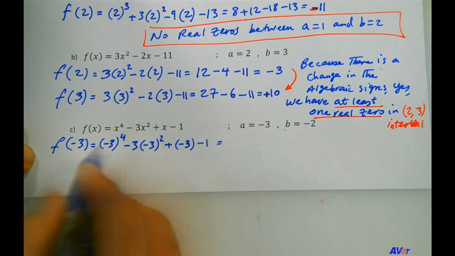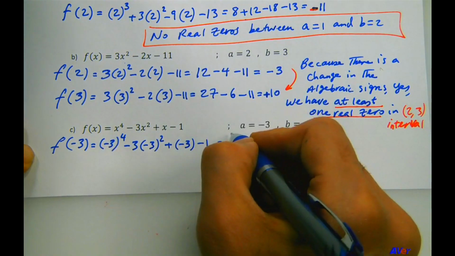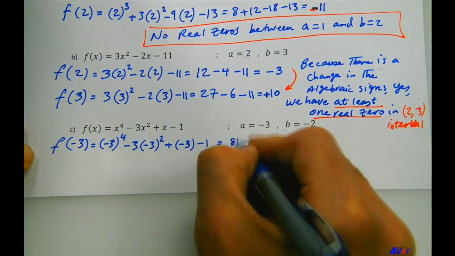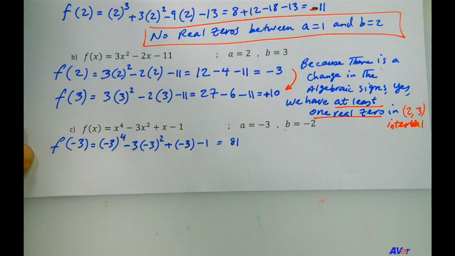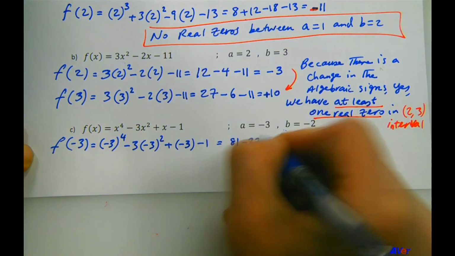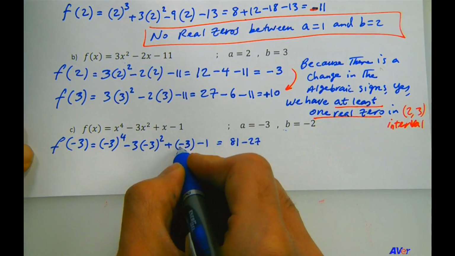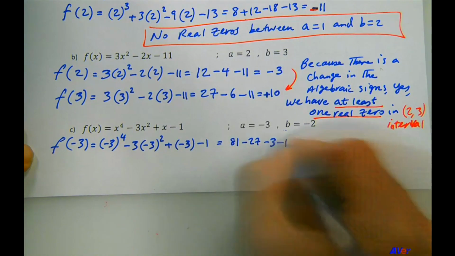Okay, so -3 to the fourth power is positive 81, because this is even. Minus 3 squared, that's positive 9, times -3, that's -27. And of course, minus 3 minus 1, that's minus 4.